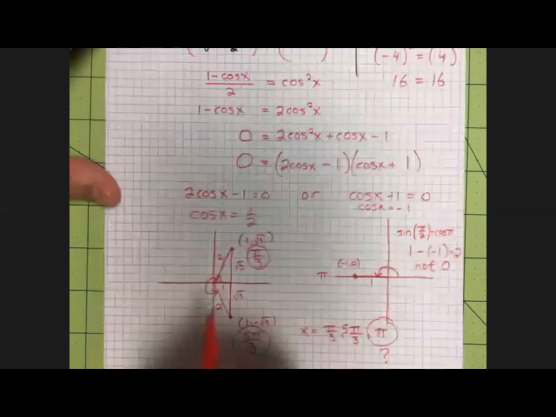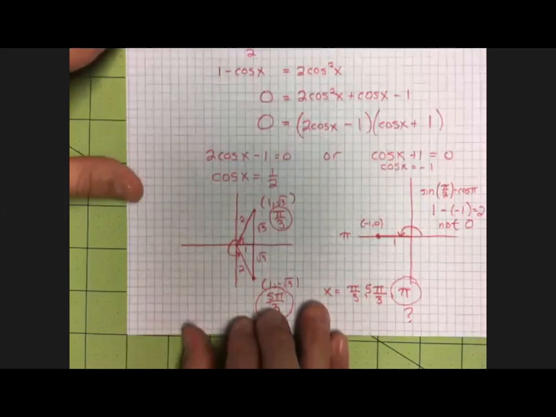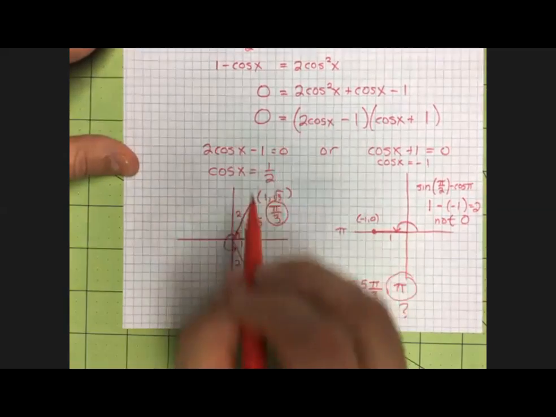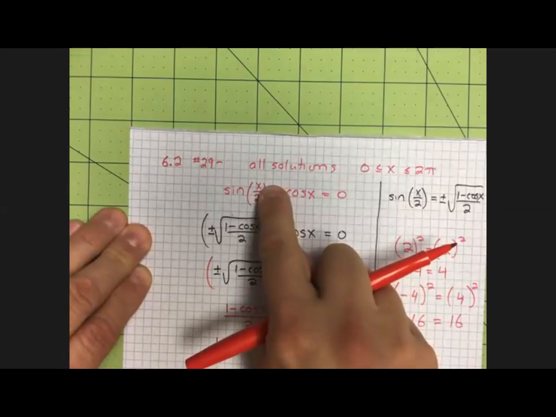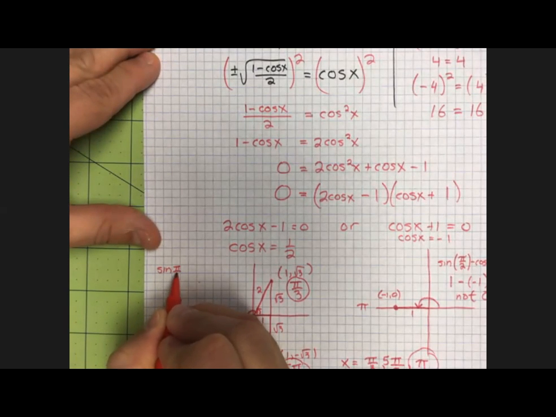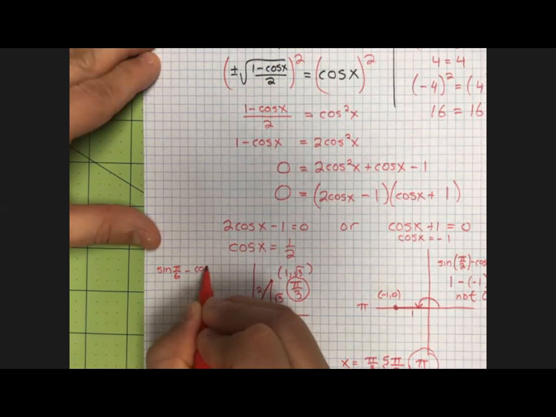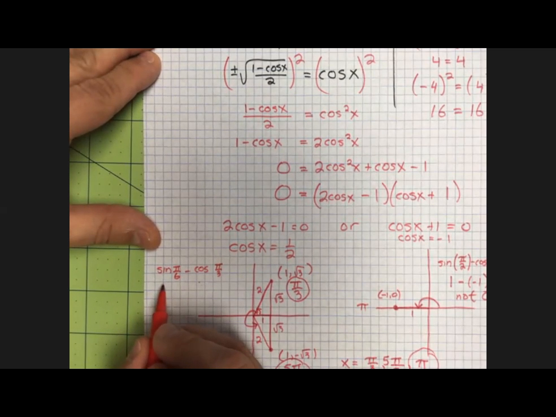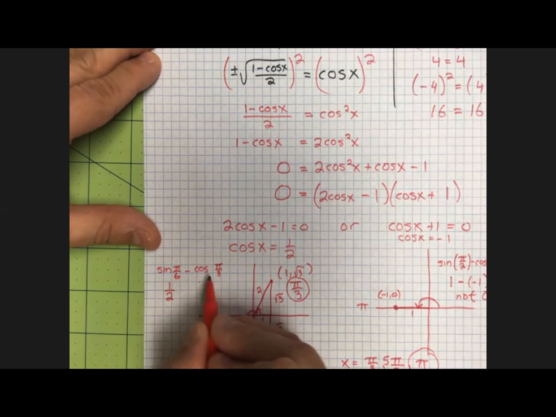Let's try these two. Let's try pi over 3. If I put pi over 3 into here, I get sine of pi over 6 minus cosine of pi over 3. What's the sine of pi over 6? That's 1/2. What's the cosine of pi over 3?